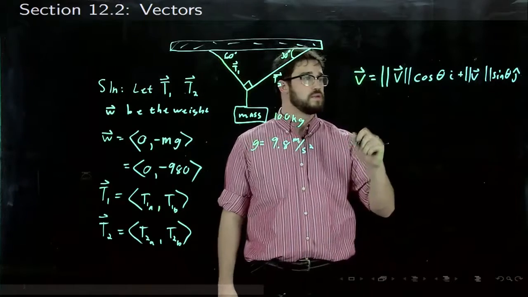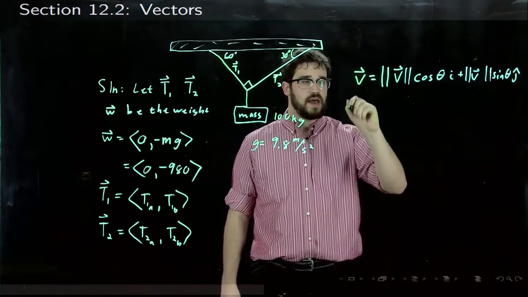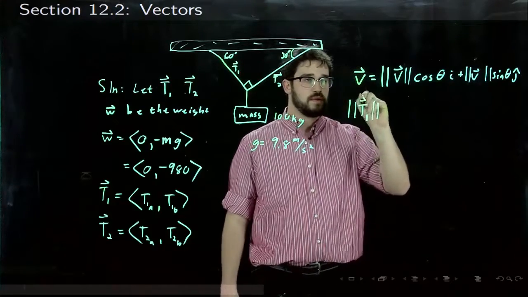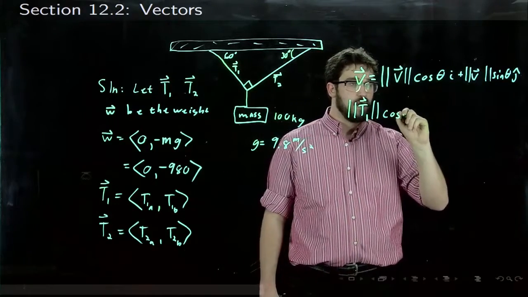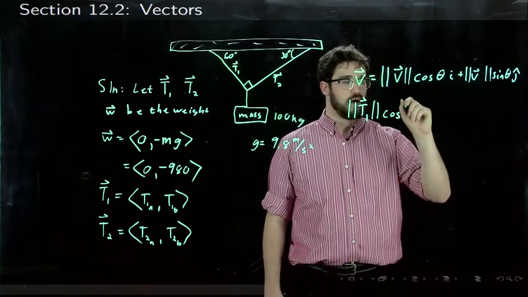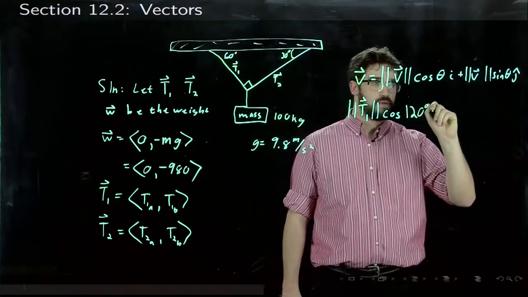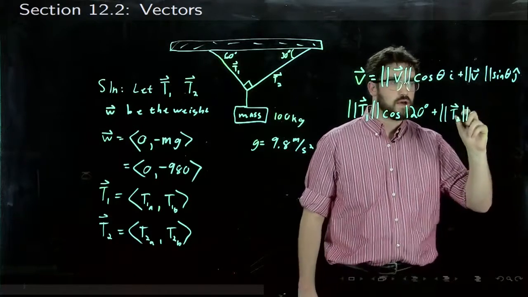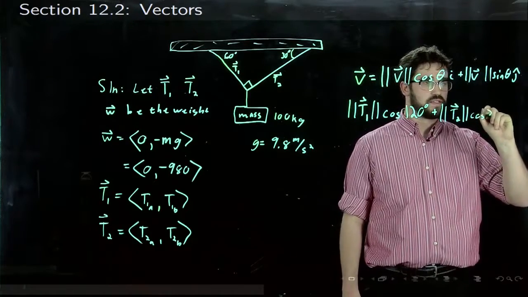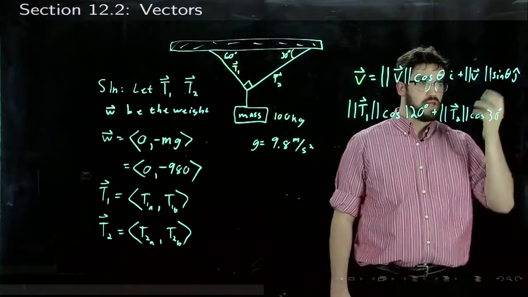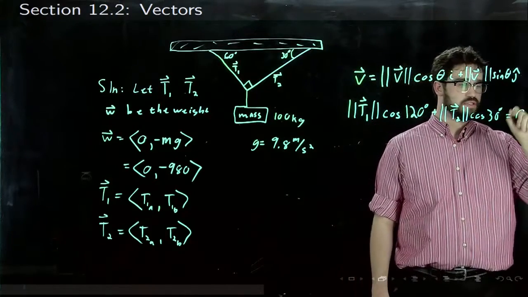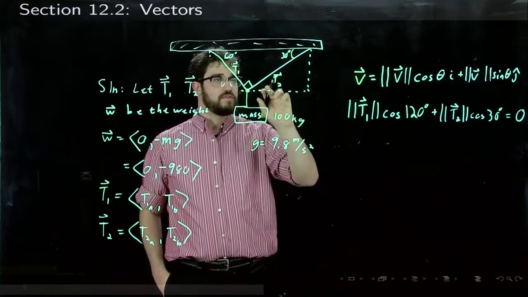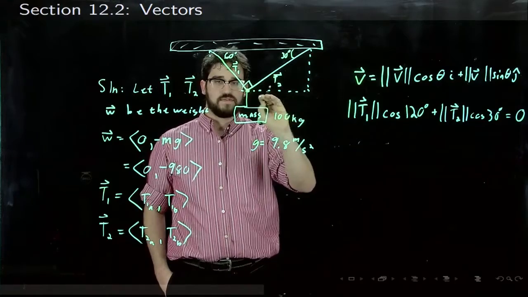So in other words, we're going to have that the magnitude of T1 cosine of 120 degrees plus the magnitude of T2 cosine of 30 degrees plus 0 equals 0. And where the 120 comes from is we have the 30, which is now our positive x-axis.